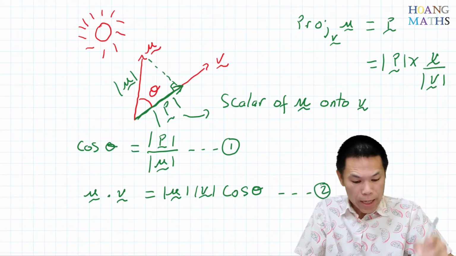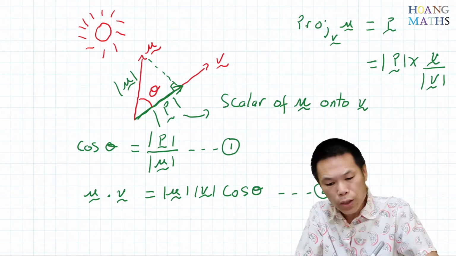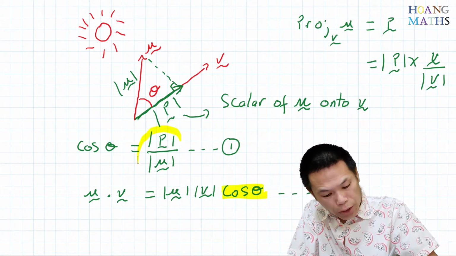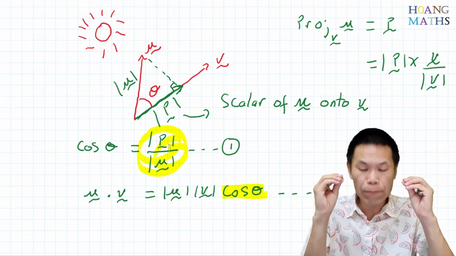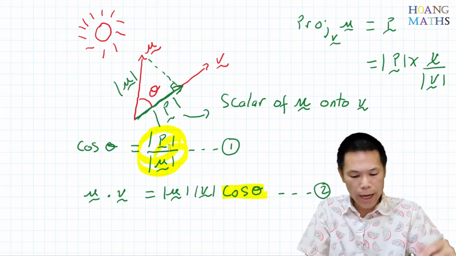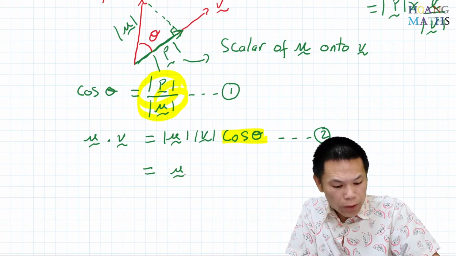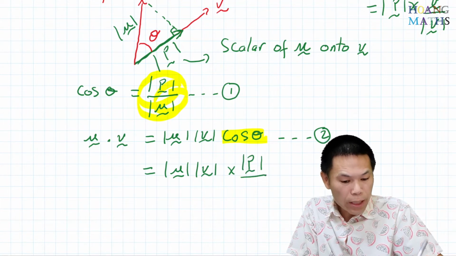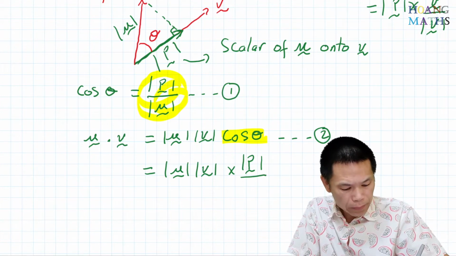Now, if we substitute equation number 1 into equation number 2, because this cos theta is equal to this, let's replace cos theta with magnitude of p over magnitude of u. That will give me magnitude of u times magnitude of v, and we times the magnitude of p, that is the scalar of u onto v, if you like.